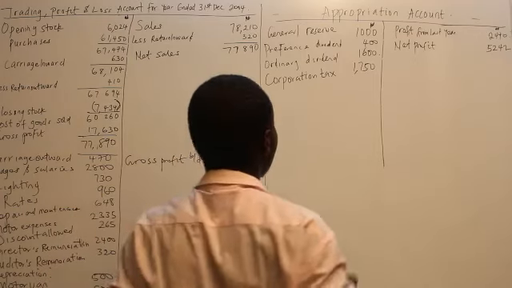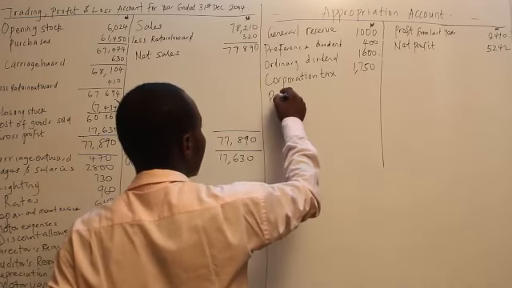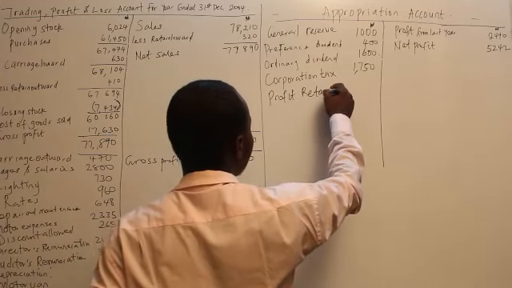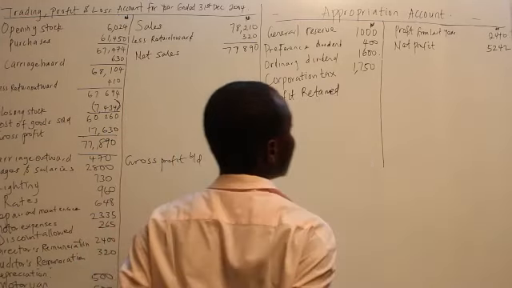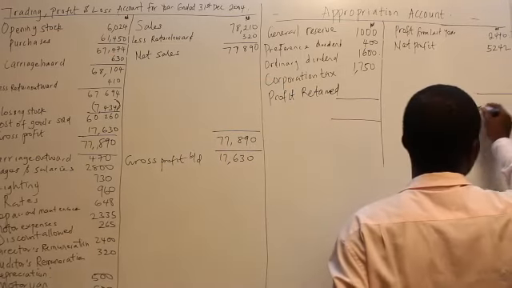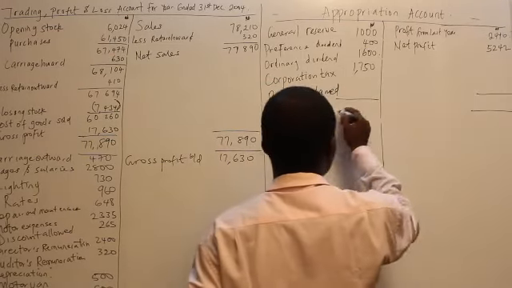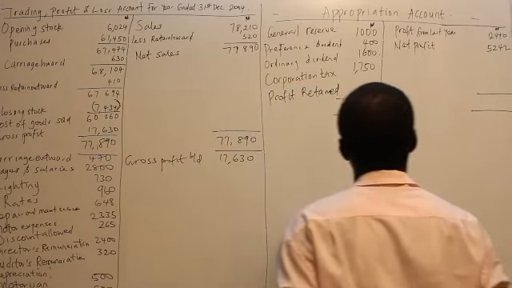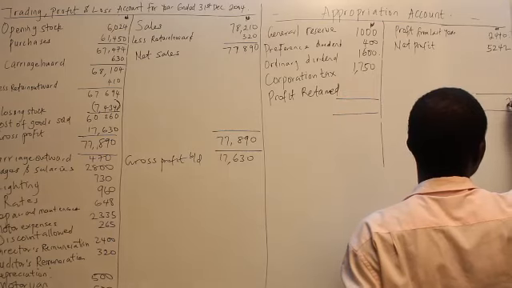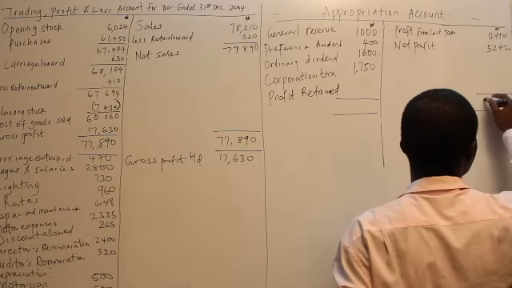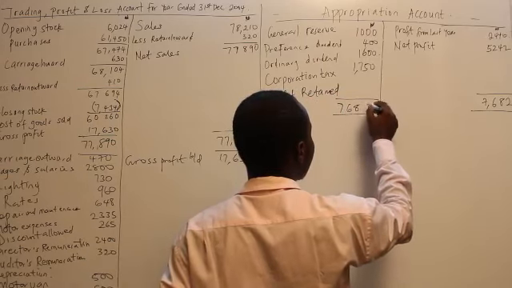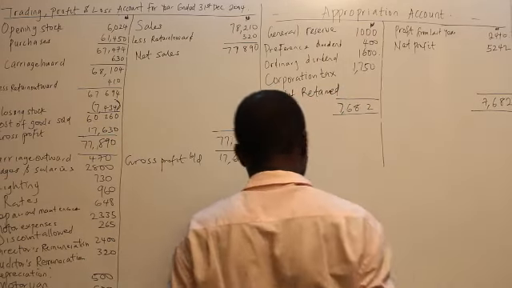We can then balance the account. That will be profit retained in the period, not distributed to shareholders. So I'm going to add everything here. That will give us 7,682.